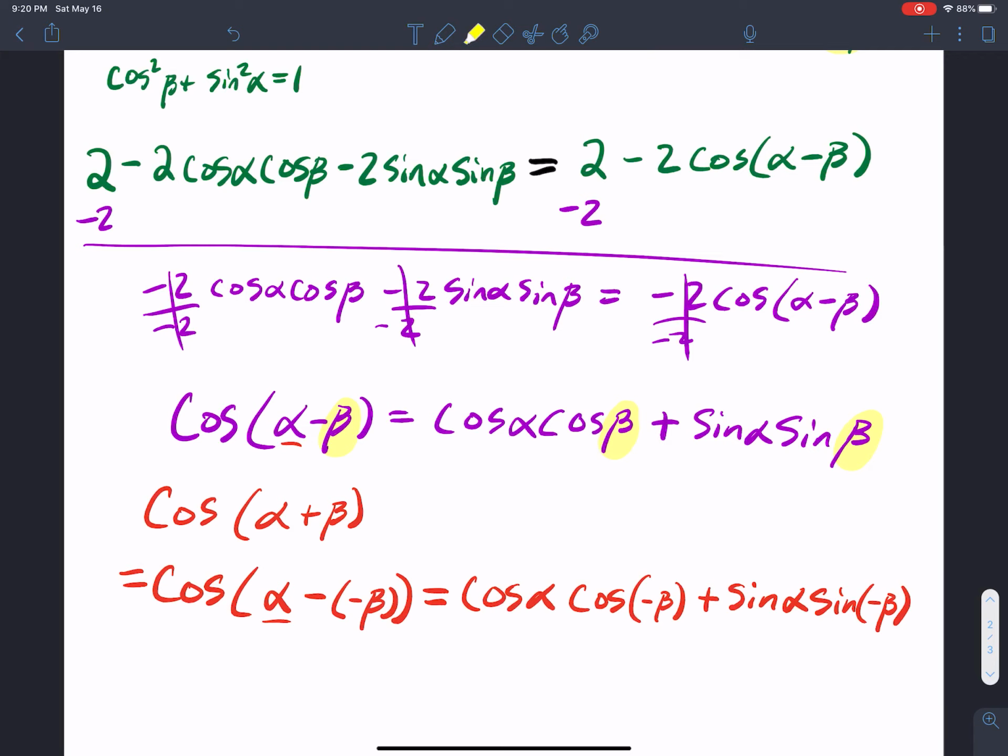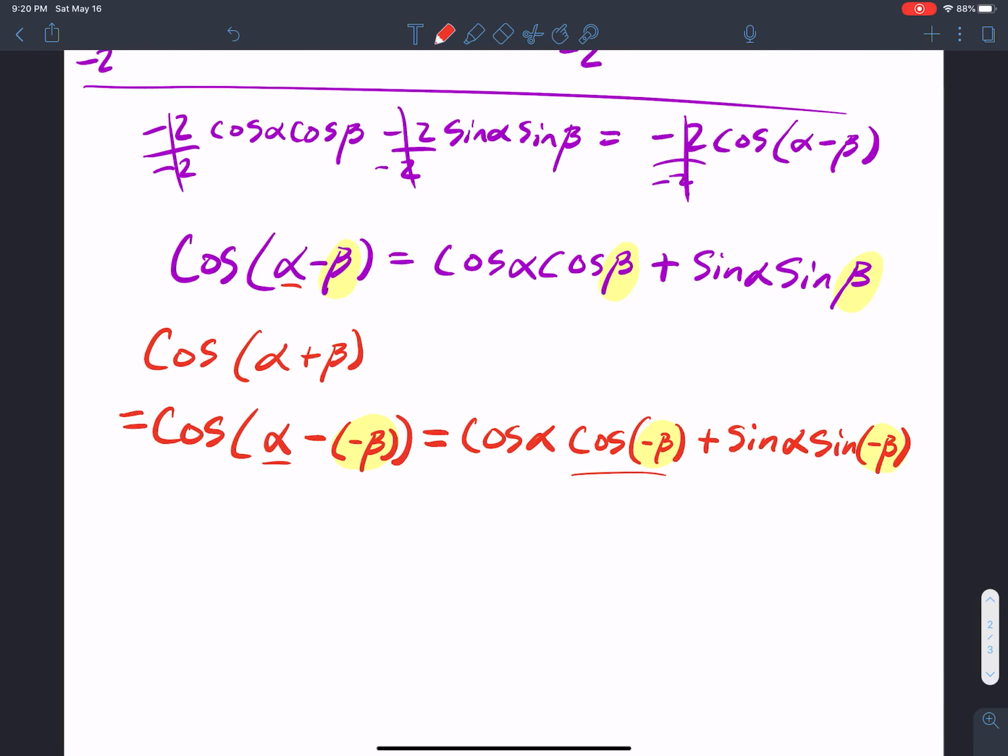Now, what do I know about the negative with even and odd principles? Since cosine is an even function, the cosine of negative beta is the same as the cosine of beta. Okay? And then the sine of negative beta is actually the negative sine of beta.